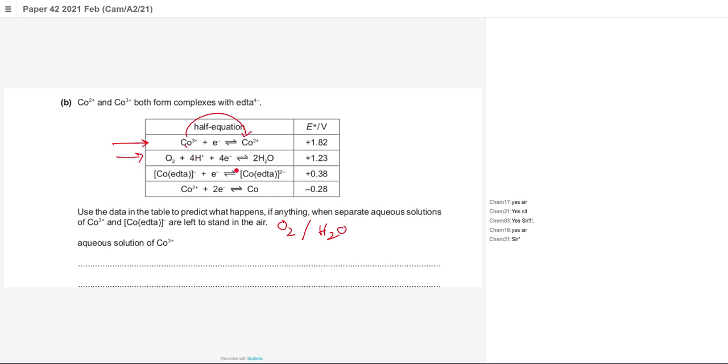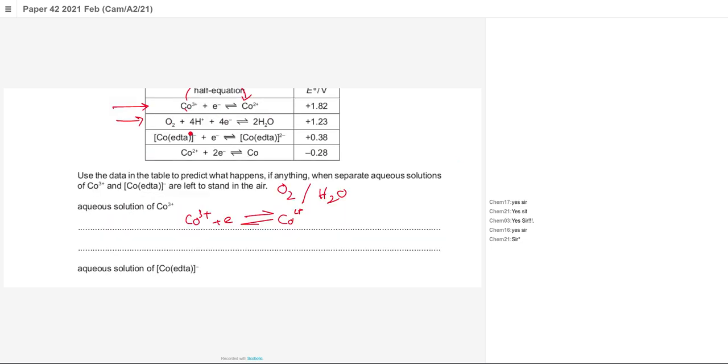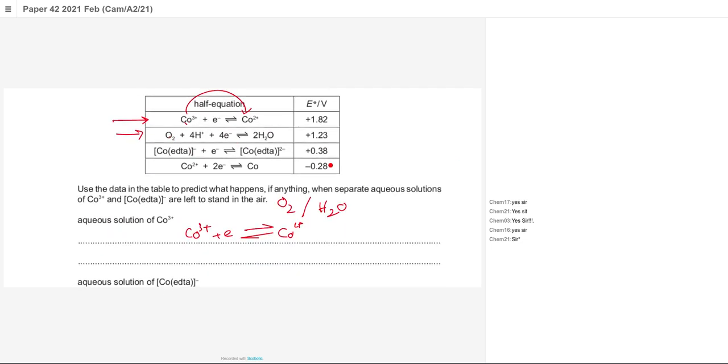So the equation is cobalt 3+ to 2+ as one equation, and the other equation should be the reverse of this: it is reacting with water, not with oxygen. Water gives O2 plus 4H+ plus 4 electrons. It's reacting with water, not with oxygen, because it cannot react with oxygen.